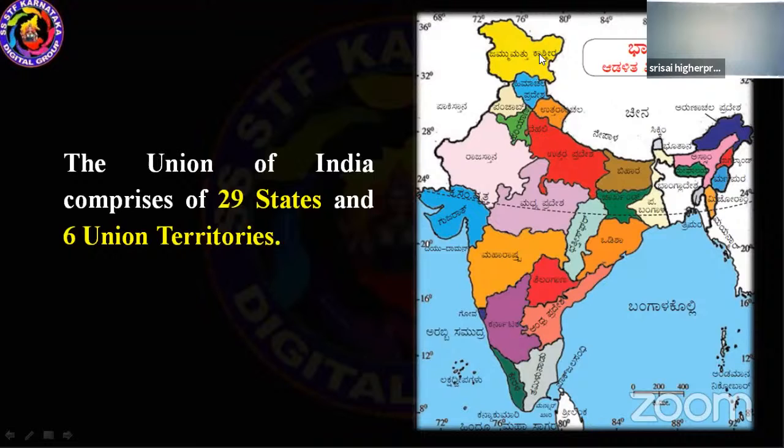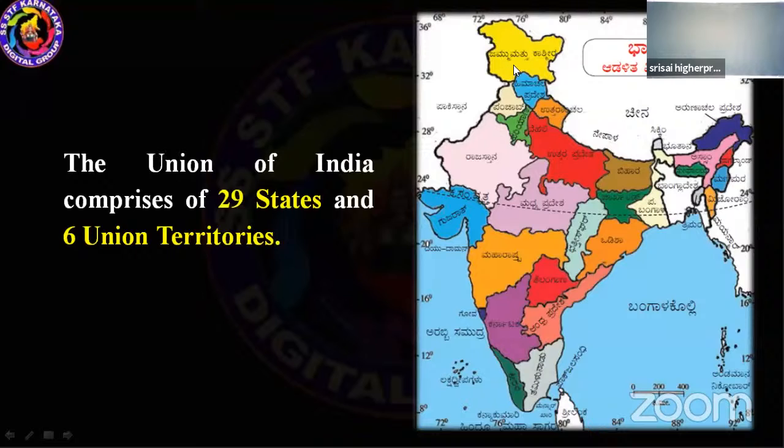Jammu and Kashmir, Ladakh, Delhi, Chandigarh, Diu and Daman and Dadra and Nagar Haveli. Diu and Daman and Dadra and Nagar Haveli are on the border of Gujarat and Maharashtra. Then Lakshadweep, Pondicherry, and Andaman and Nicobar. These are the 8 important union territories of India.